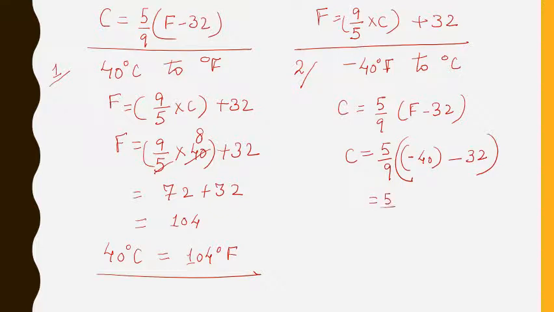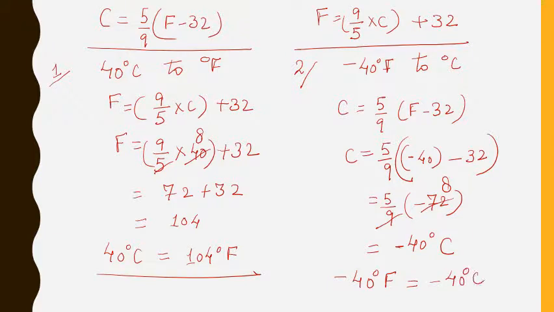So it becomes 5 by 9 into (minus 40 minus 32), which is 5 by 9 into minus 72. Minus 72 divided by 9 is minus 8, and 5 into minus 8 is minus 40 degrees Celsius. So we can say that minus 40 degrees Fahrenheit is equal to minus 40 degrees Celsius. This is our answer.